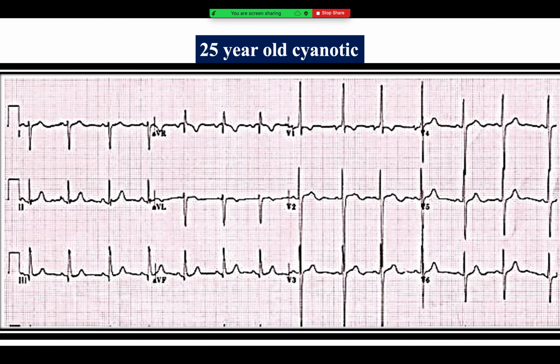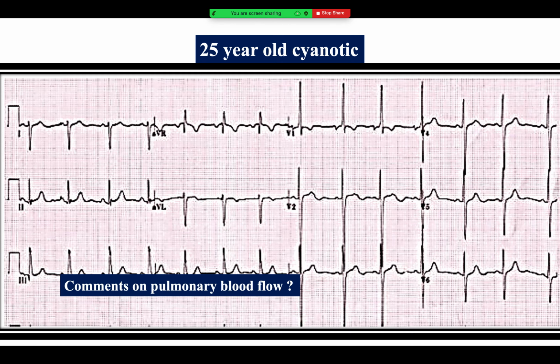I'll show you my extra generosity. How? You can comment about the pulmonary blood flow. What do you say? So if you look carefully at the ECG rhythm-wise, the patient is definitely in sinus rhythm, isn't it? Axis-wise is right axis deviation. By looking at the V1 itself, we can say it is right ventricular hypertrophy.